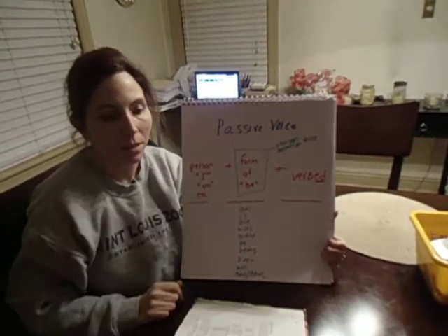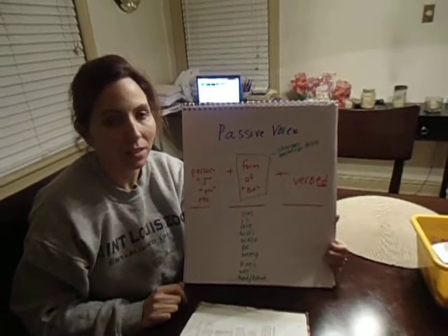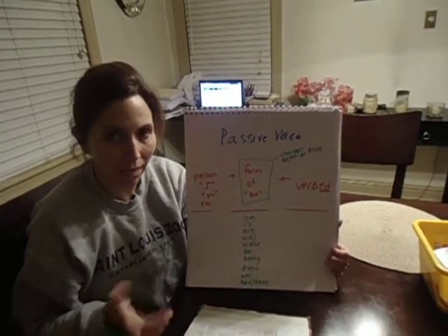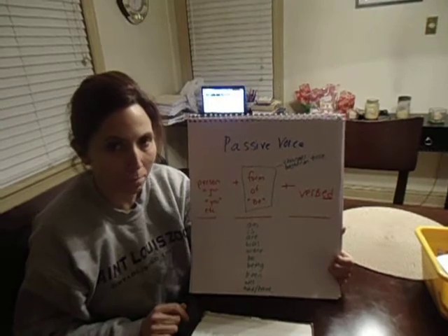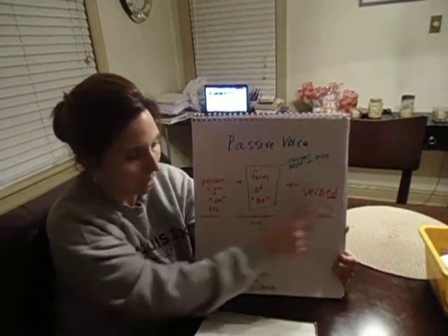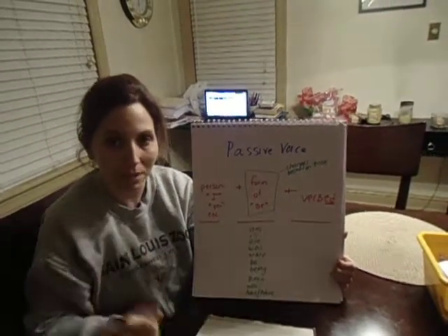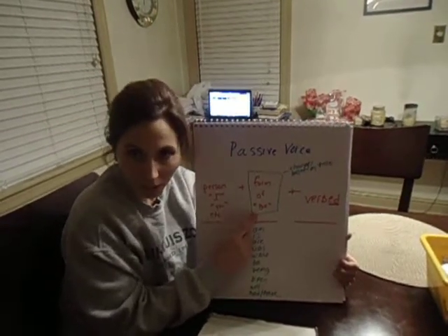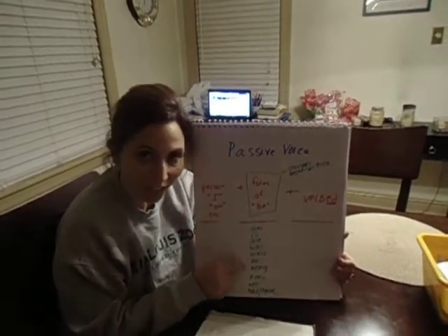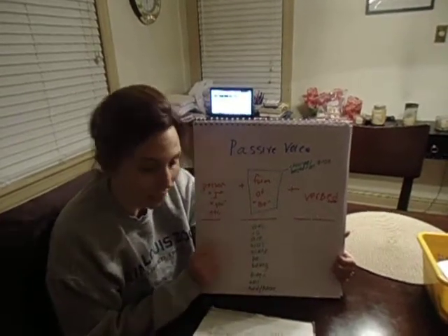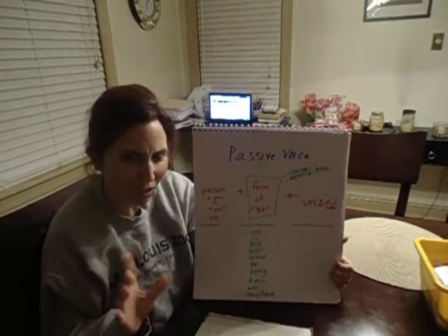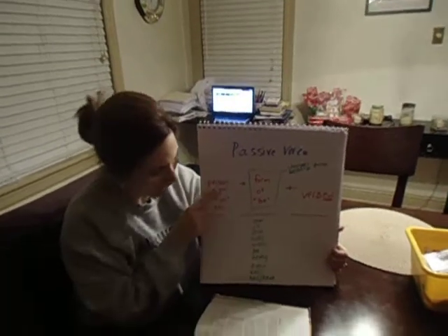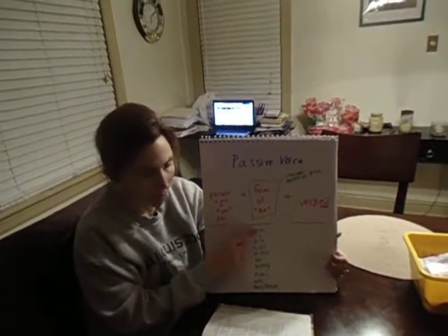So, Ms. Ice loves Max. Active voice. Max is loved by Ms. Ice. Now notice that this middle unit changes depending upon what tense it's in. So let me just give one example here.